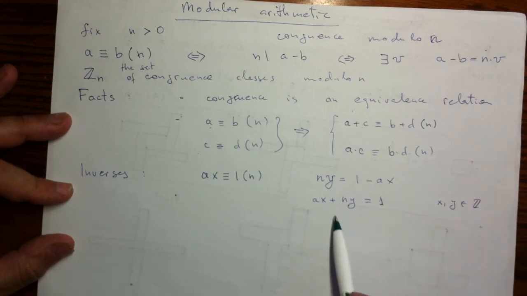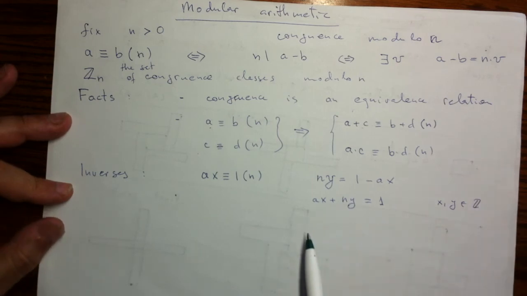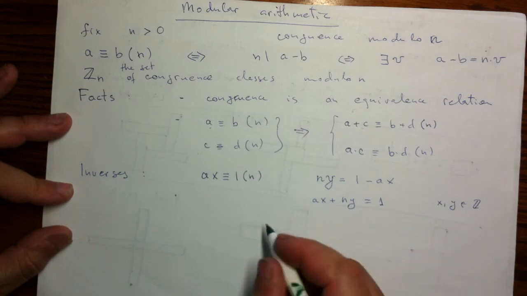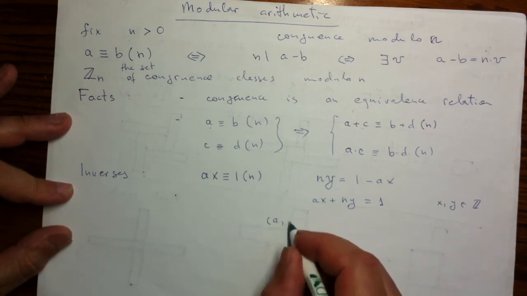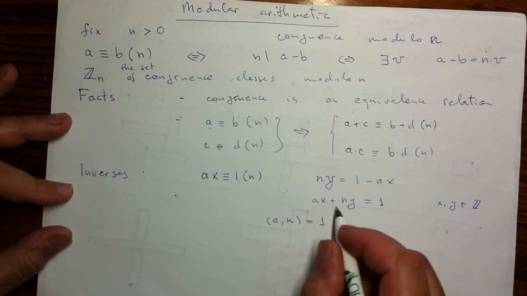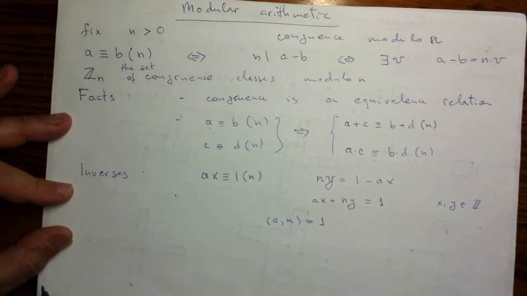That is known to us as a linear Diophantine equation, and we know when it is solvable. The criterion is that the greatest common divisor of a and n has to be 1 for such an equation to have a solution. Necessarily, because the greatest common divisor divides the left hand side and should divide the right hand side, but conversely it follows from Euclid's algorithm.